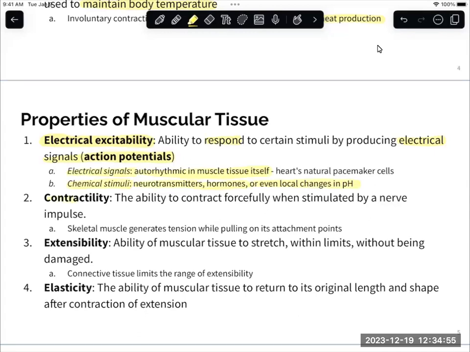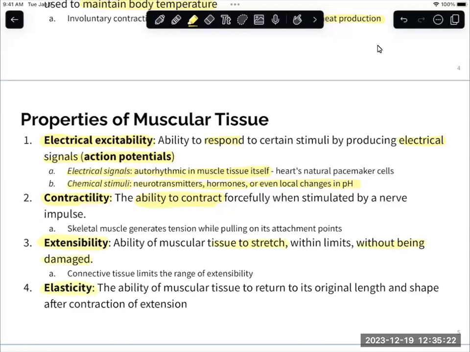They have this contractility, which is that ability to contract. They have this extensibility. Test question. Stretch without being damaged. Within limits, of course.